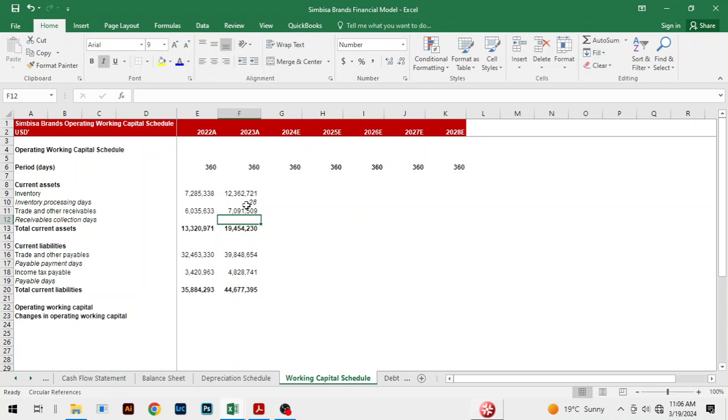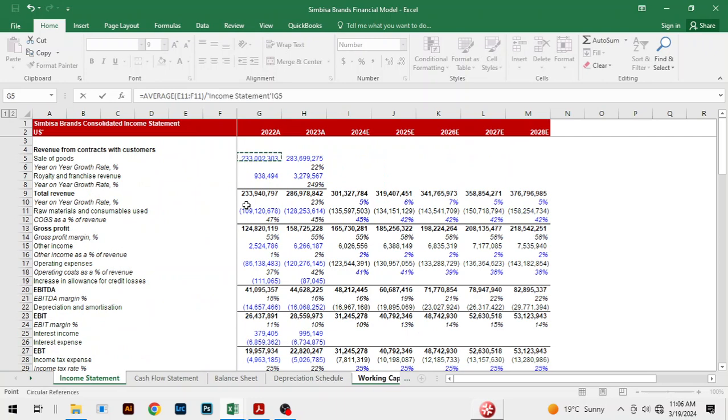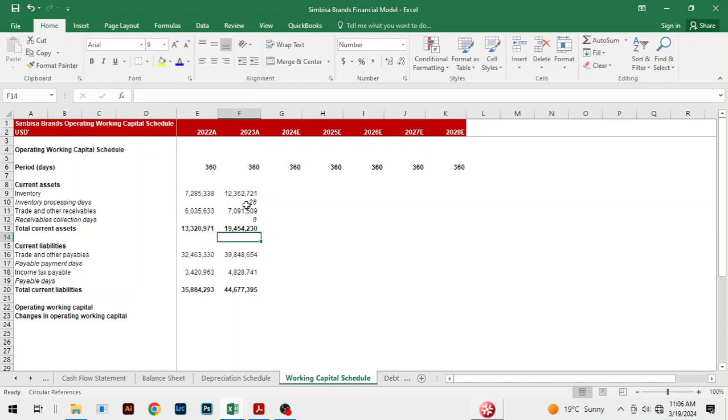Then for receivables we say average, and then we divide that by total revenue for 2023 in the income statement, and multiply by 360 days. So on average, Simbisa takes about 28 days to process its inventory, and it takes on average 8 days to collect money from its customers, right?